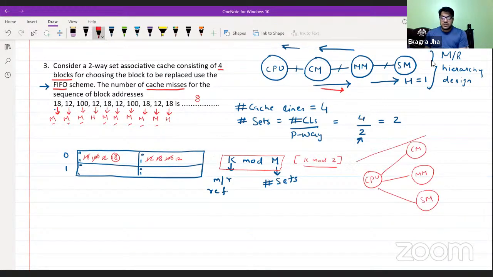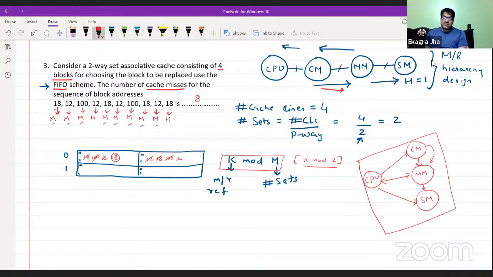So this organization is much faster than the memory hierarchy design, because when the CPU looks for data in the cache memory and the operation is a miss, the reference is transferred to the main memory. But when main memory finds that data, it can directly transfer it back to the CPU. There is no need to transfer it to the cache memory and then to the CPU.